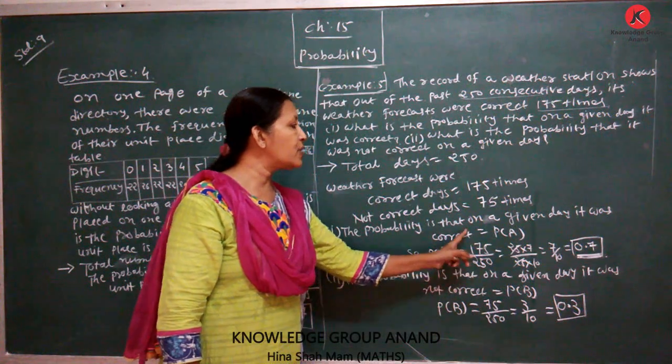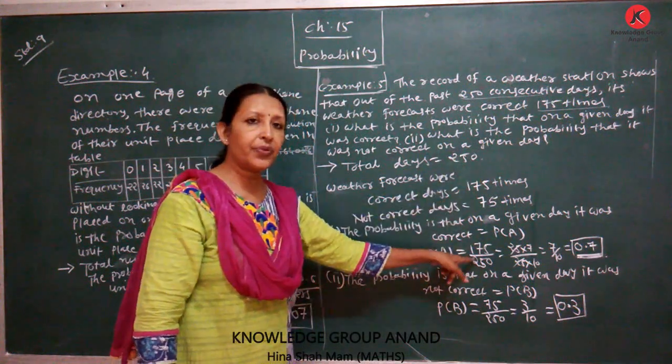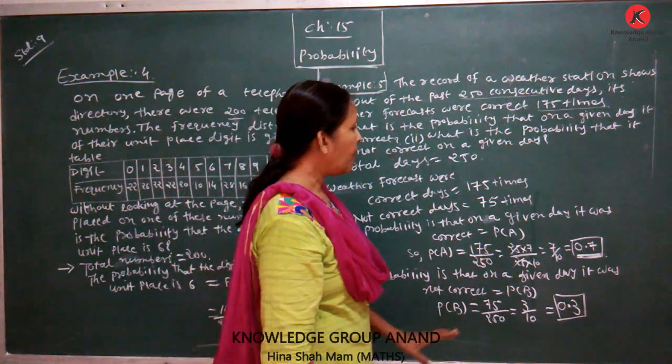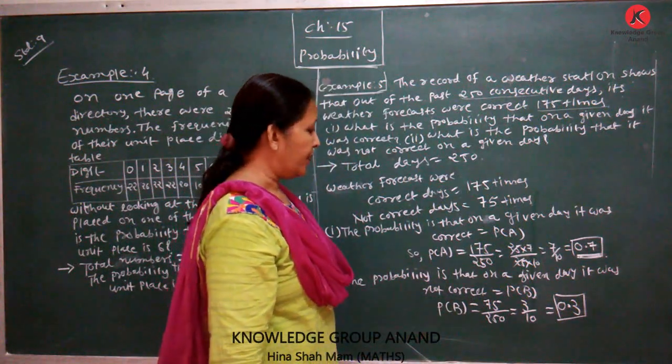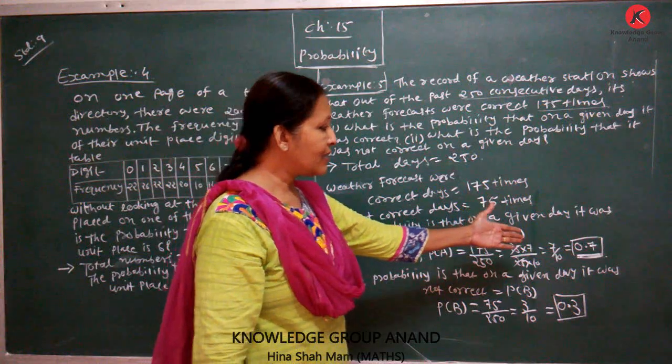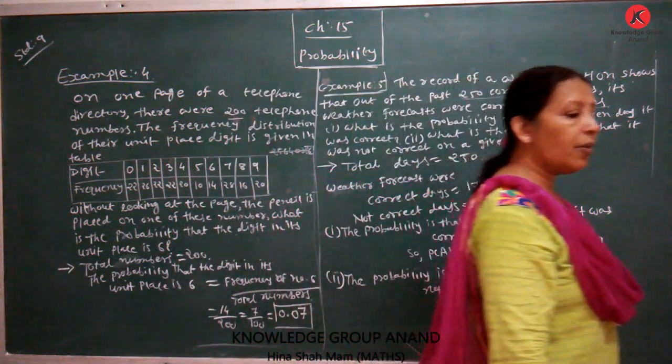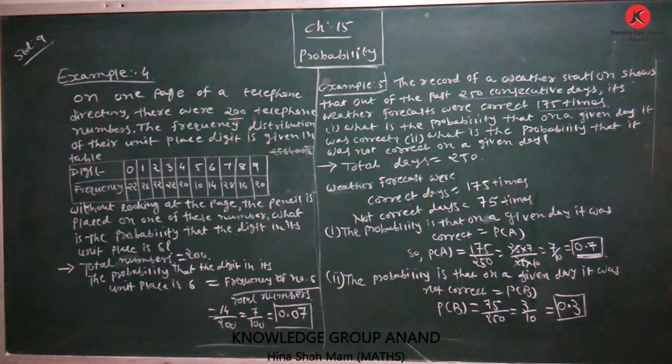So PA is equals to 175 upon 250 and not correct days 75 upon 250. Then our answers are 0.7 and 0.3. Now example number 6.